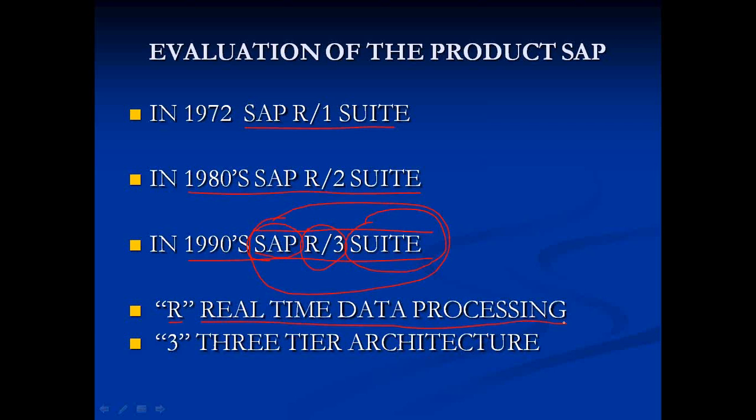For example, when you draw money from the bank ATM, it gives back your updated statement immediately because it is working on the principles of the real-time data processing concept. Your railway reservation systems, flight reservation systems, all the facilities we enjoy in daily life are the result of this real-time data processing concept. So SAP also uses the same real-time data processing concept.